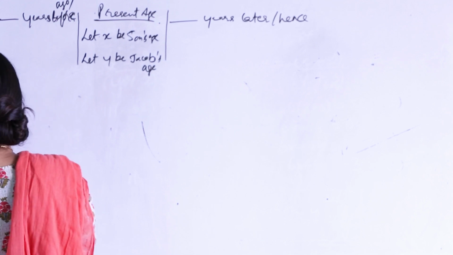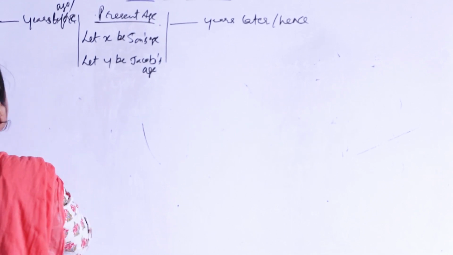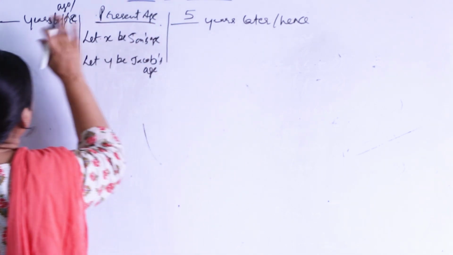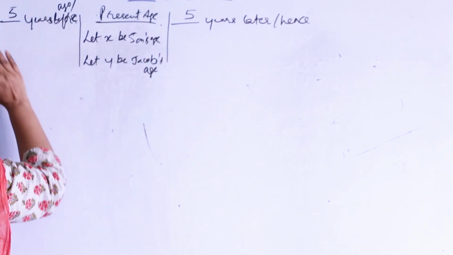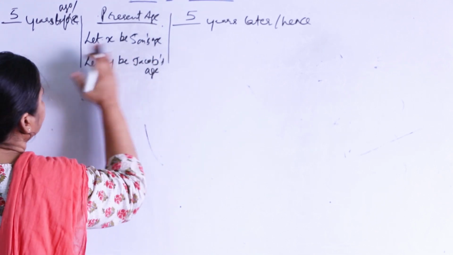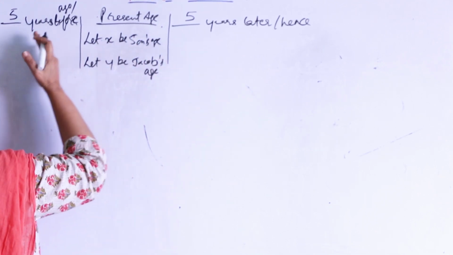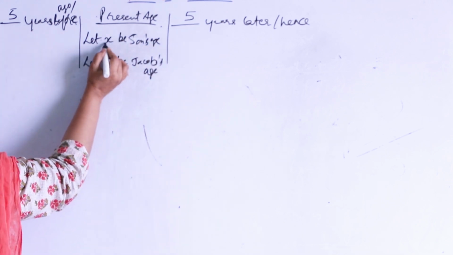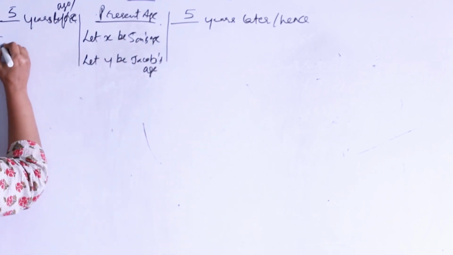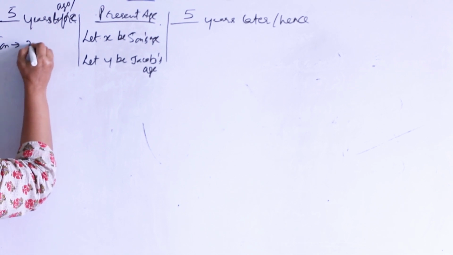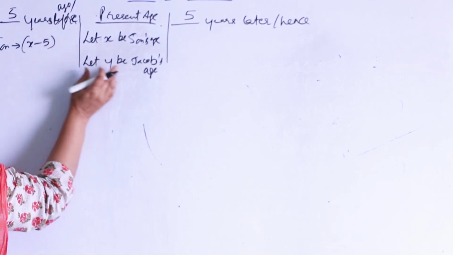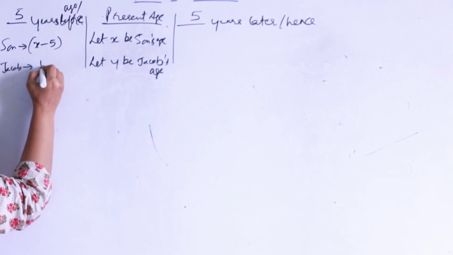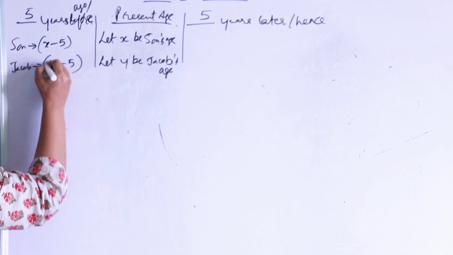Now, how many years before, how many years hence? They have talked about 5 years hence, and also 5 years before. First let us get the general statements of 5 years before and 5 years later. 5 years ago, son was X minus 5, Jacob was Y minus 5.